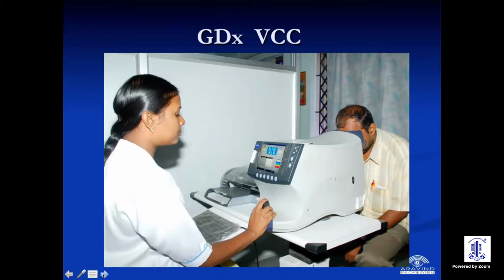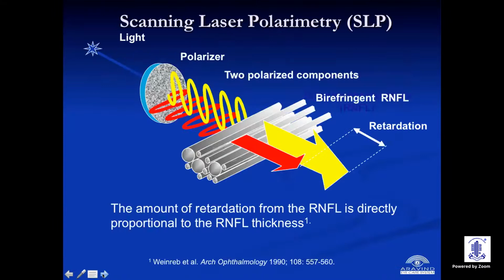So this is the glaucoma diagnosis VCC machine, and scanning laser polarimetry is the imaging technology used in GDX, optimized for quantitative measurement of the nerve fiber layer for the detection and evaluation of glaucoma. It uses the birefringent properties of the retinal nerve fiber layer to quantify its thickness.